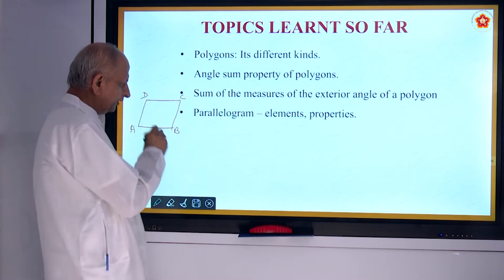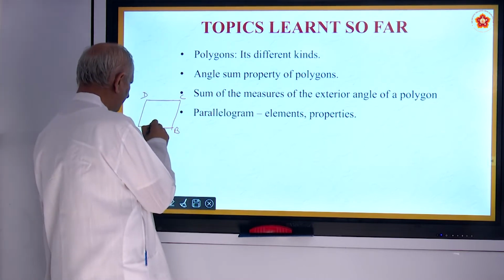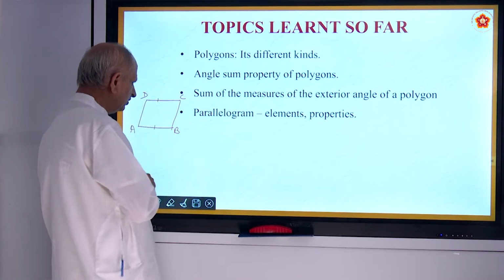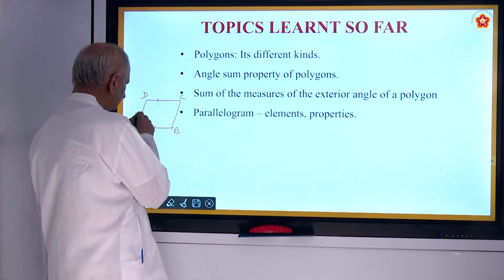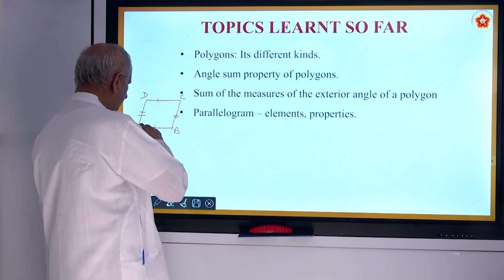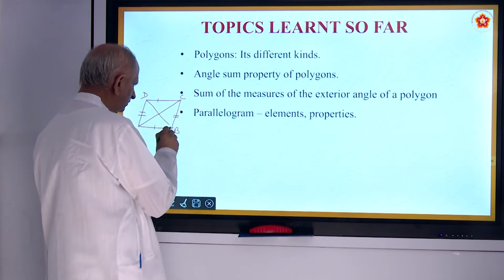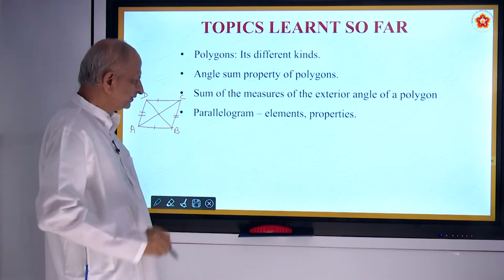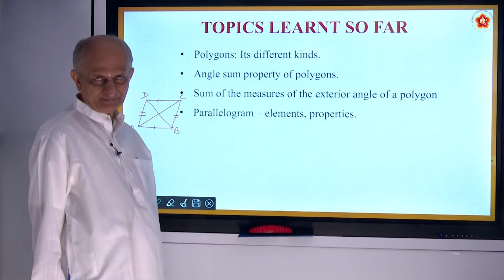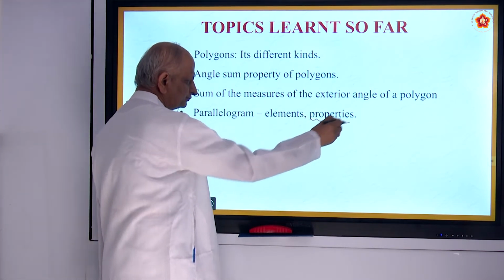We call A, B, C, D the vertices, and AB and DC are called opposite sides, one pair, this is the second pair. And also you have what are called diagonals. The names of the diagonals are AC and BD.